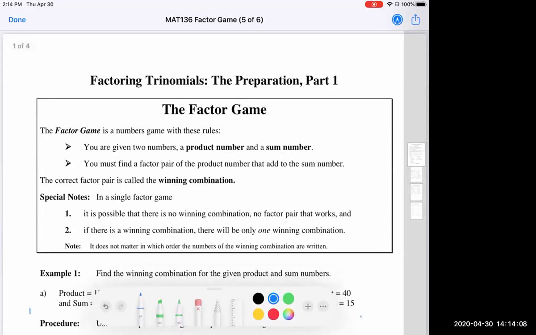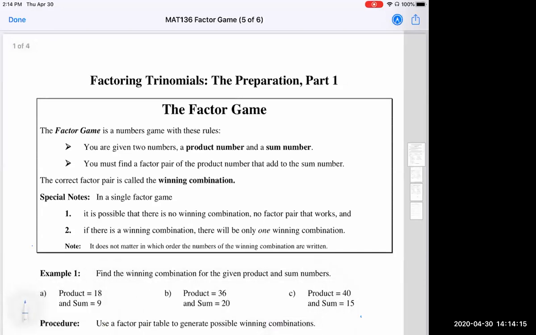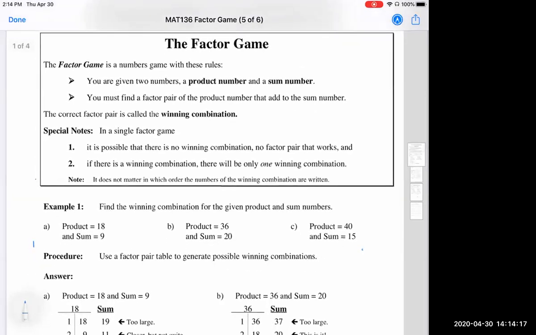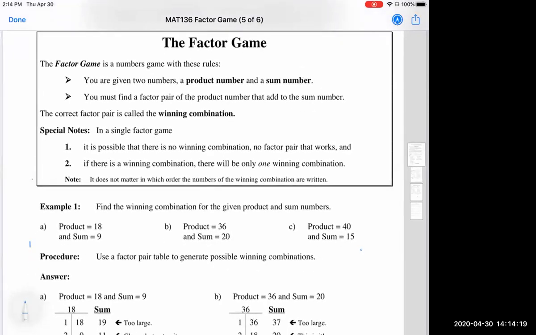All right, let's start the factor game. Factoring trinomials, the preparation, part 1. The factor game is a numbers game with these rules. You are given two numbers, a product and a sum. Product means multiplication, sum means addition. You must find a factor pair of the product number that adds to the sum number.